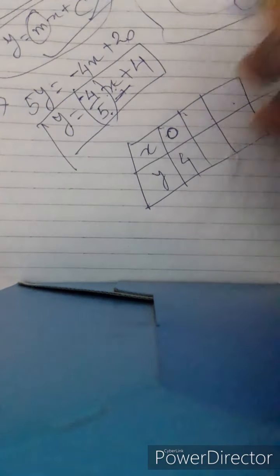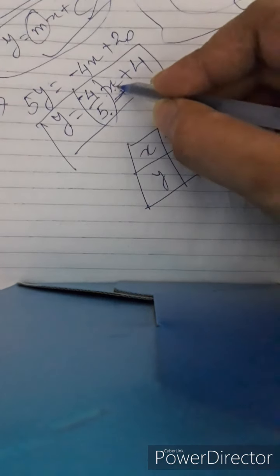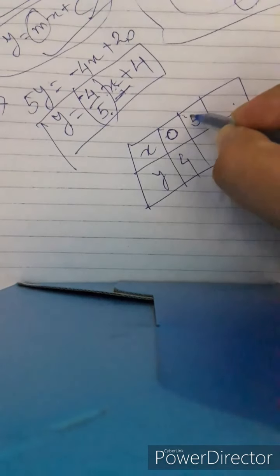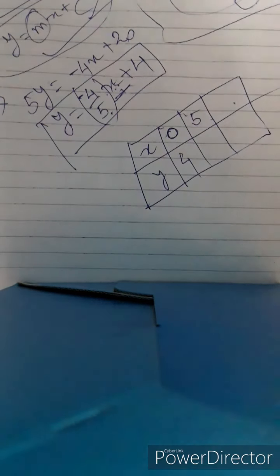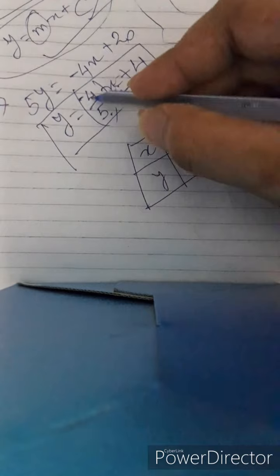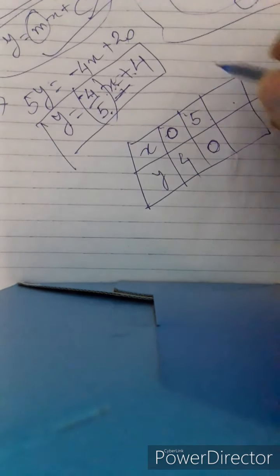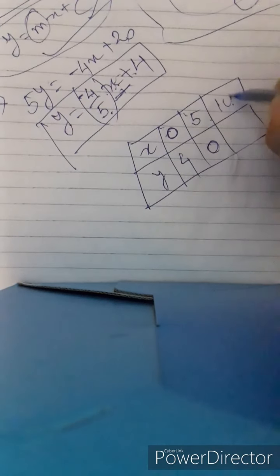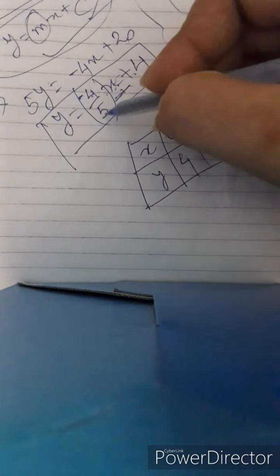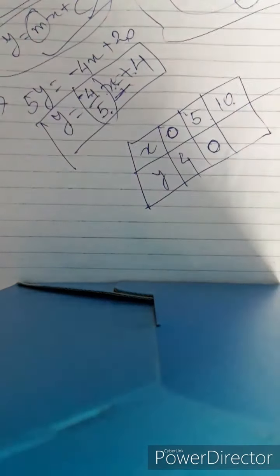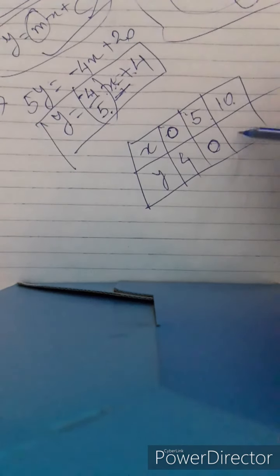Suppose we take x as 5. If we take x as 5, the 5 cancels out, minus 4 plus 4 becomes 0, so y becomes 0. Now suppose we take x as 10, so 5 into 2, minus 8 plus 4 becomes minus 4, y becomes minus 4.